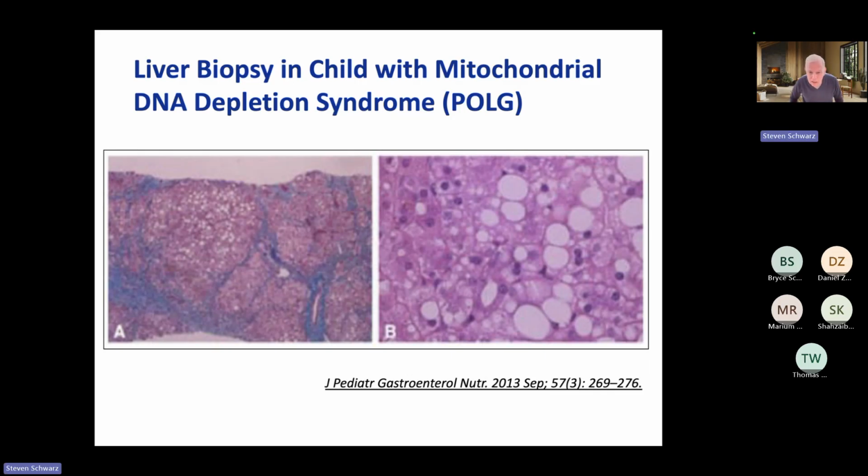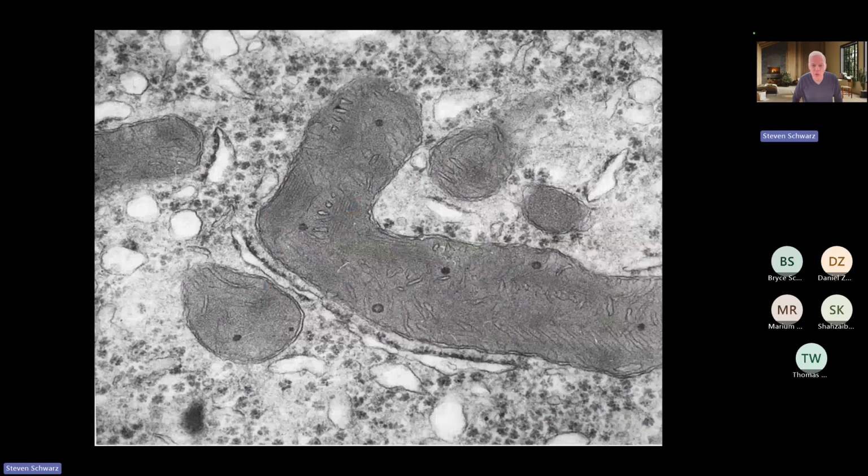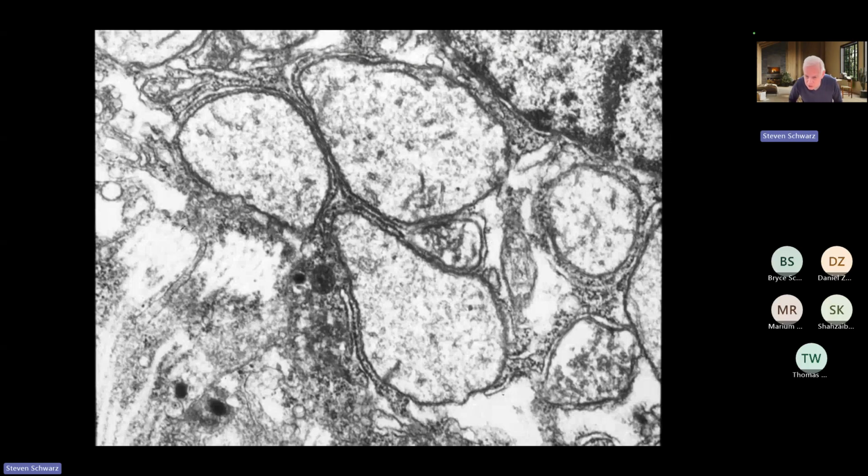This is a normal mitochondria. You can see the outer and inner mitochondrial membrane, as well as the invaginations, the membranes within the mitochondria. These are known as the cristae. This is where all the metabolic processes take place. And this is the mitochondria of a patient with Alpers-Huttenlocher syndrome.